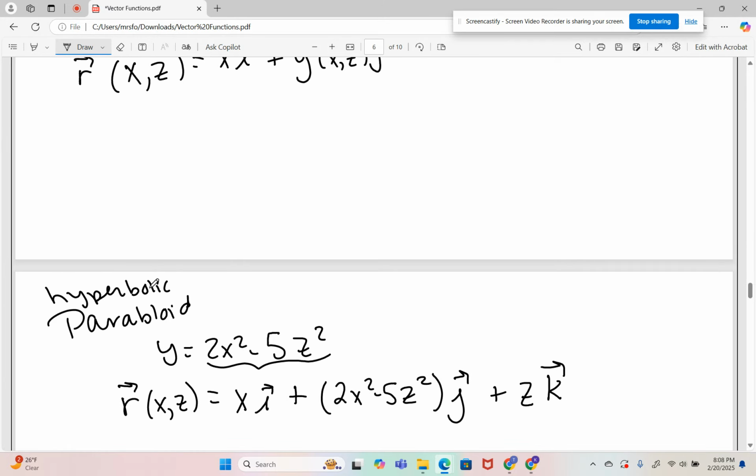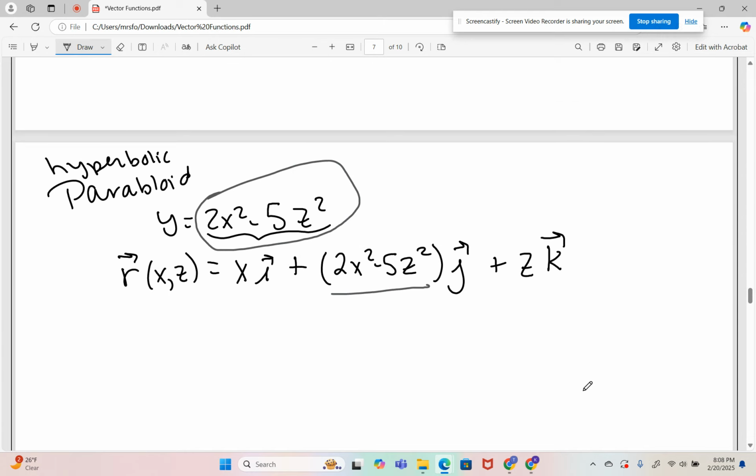So I wrote this hyperbolic paraboloid, and I said y is equal to this function. So that means in the y component, that's what I'm going to put. So where the y component goes, I put this. And then x and z just is what it is. Okay? So I hope that was helpful.